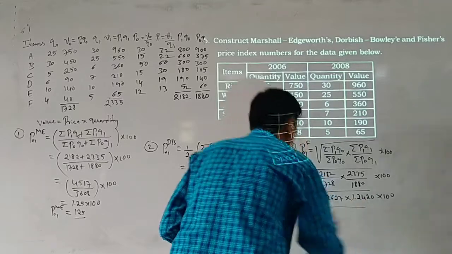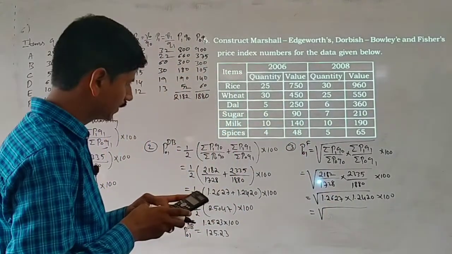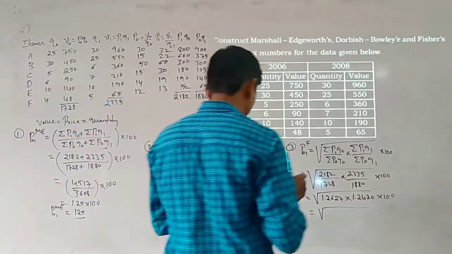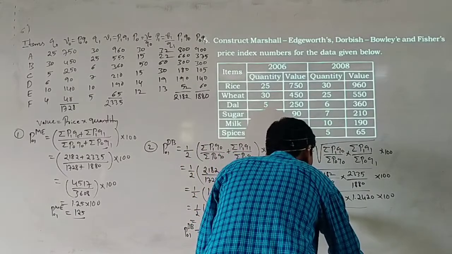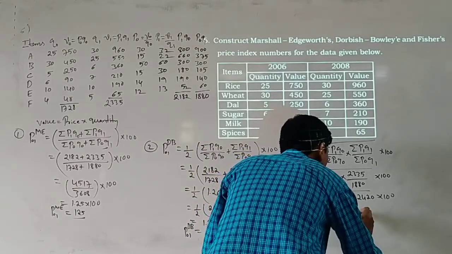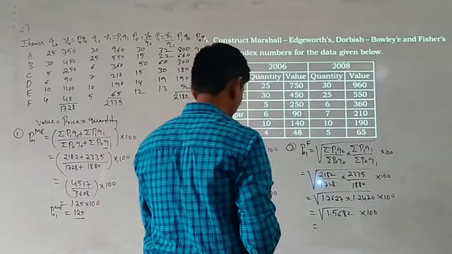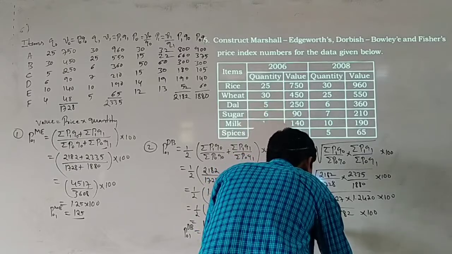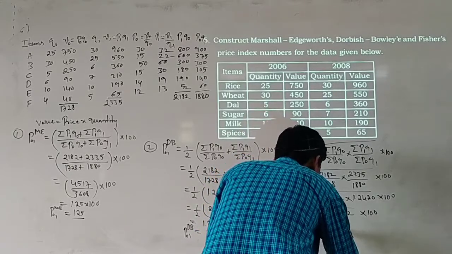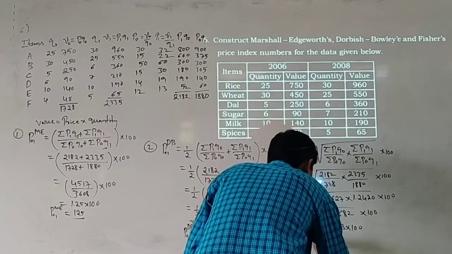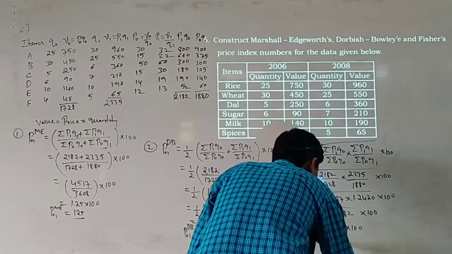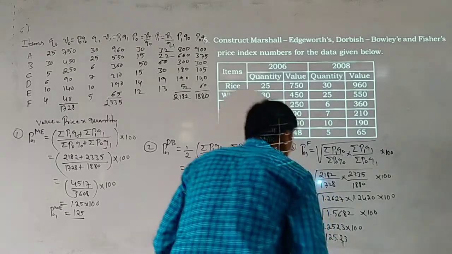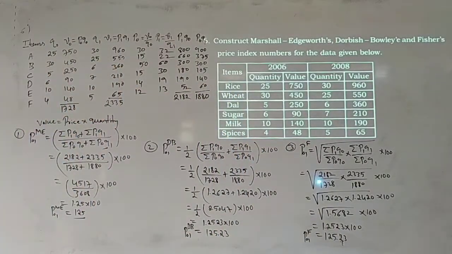Then the square root of 1.2627 into 1.2420 is 1.5682, into 100. Below the square root, the square root of 1.5682 is 1.2523, into 100. Then we get 125.23. It is P01, that is, Fisher's price index number is 125.23.